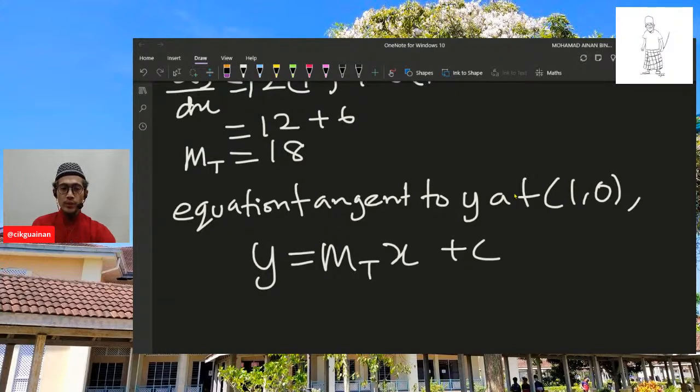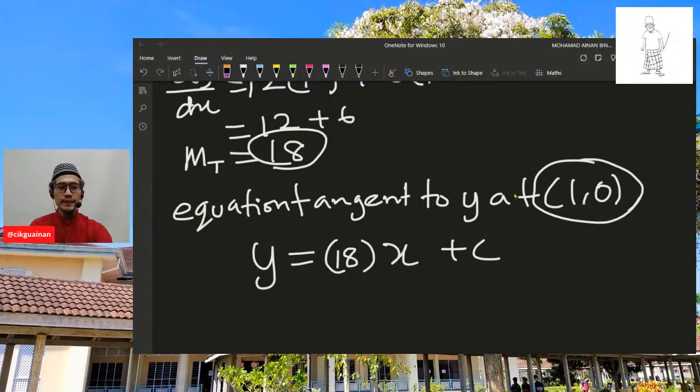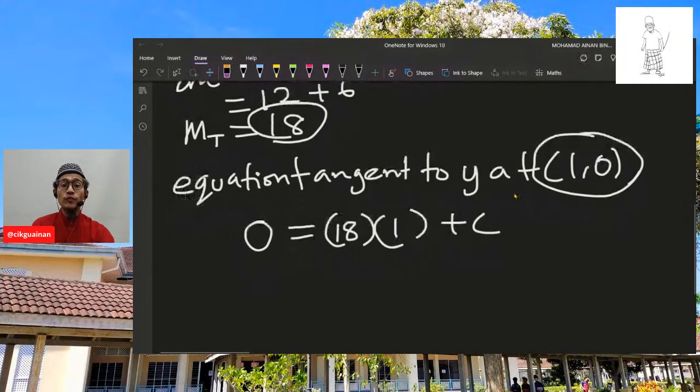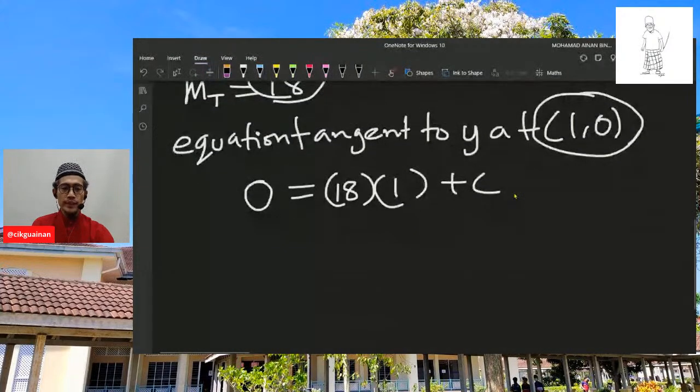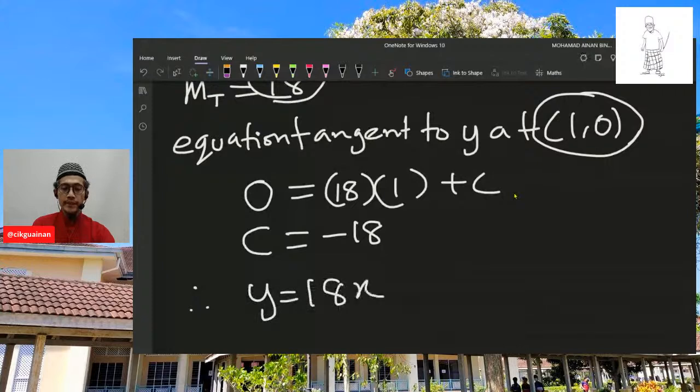The MT we already got, 18, so let's substitute 18 over here. Next, we substitute the point that touches the curve and the line: 1 is over here and 0 is over here. Then we solve for c, so it's minus 18. Therefore, the line is y equals 18x minus 18.